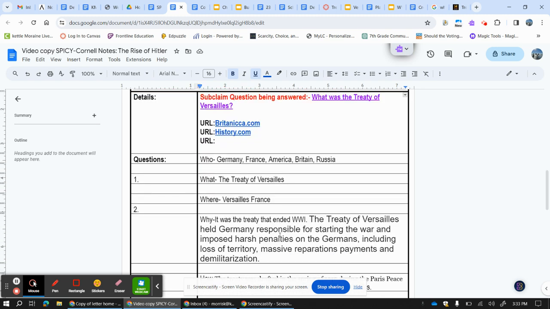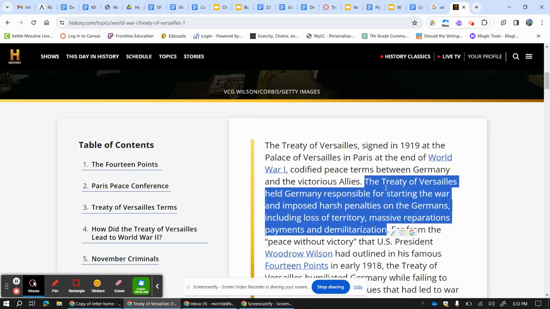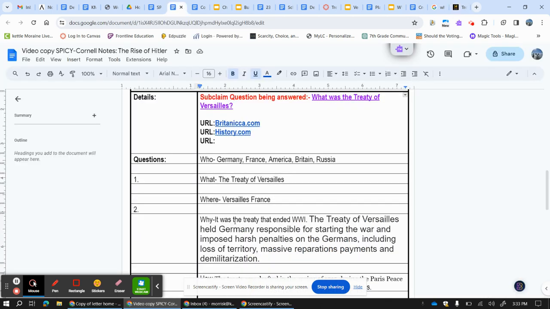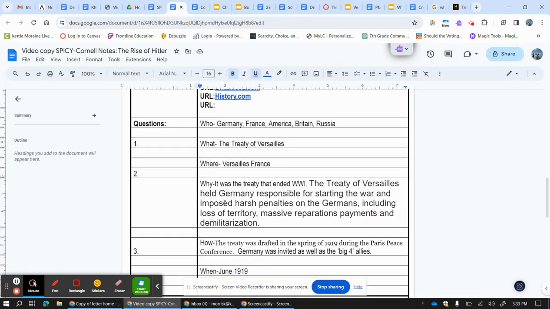All right, now I start filling in my notes. Remember this section that I highlighted? Loved it. I'm going to grab this and put it right here for the why. Why was it signed? I put that it was a treaty that ended World War I. I also put down this information that came directly from there.